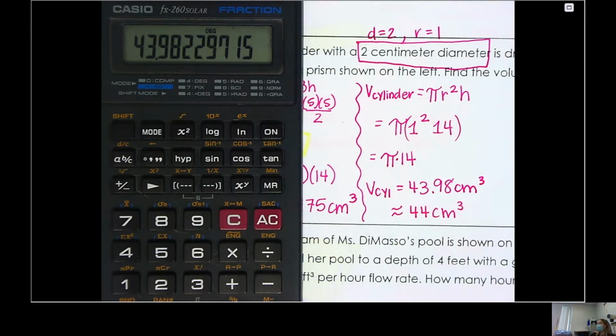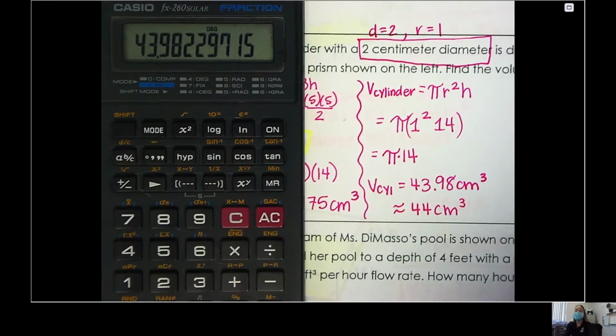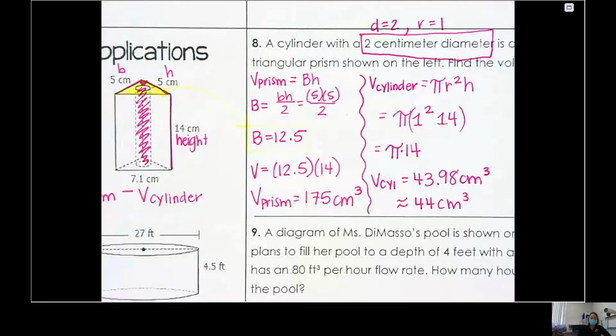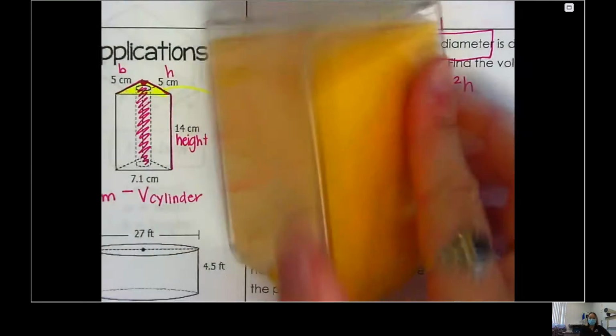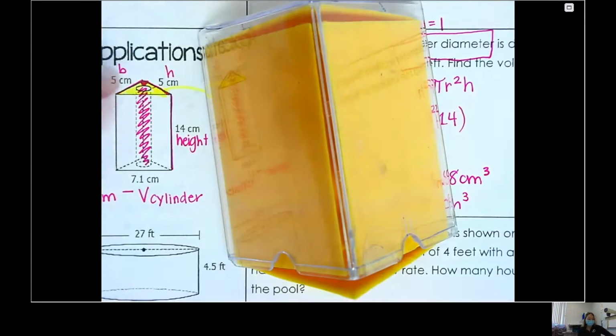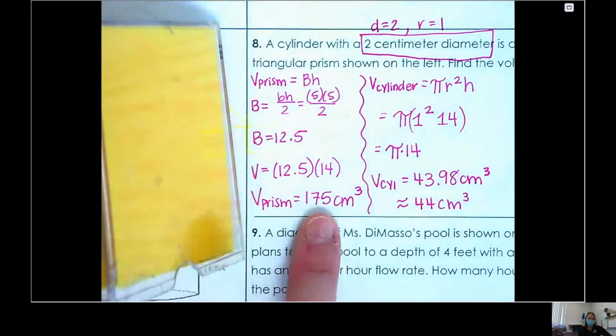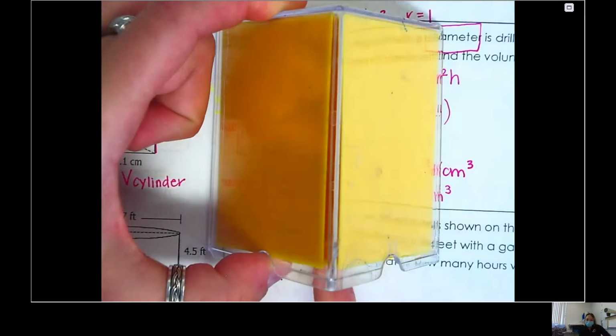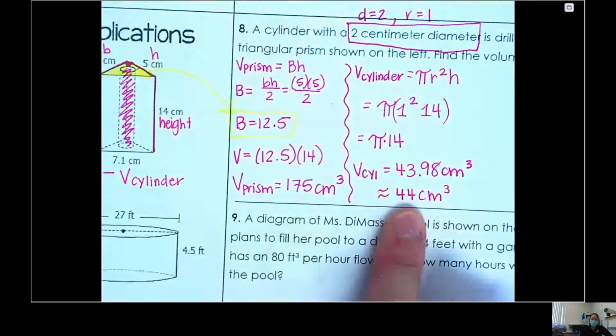And I like whole numbers personally. Okay, so now you figured out the volume. The volume of the actual prism was 175. The volume of the cylinder that we drilled out of it was 44.